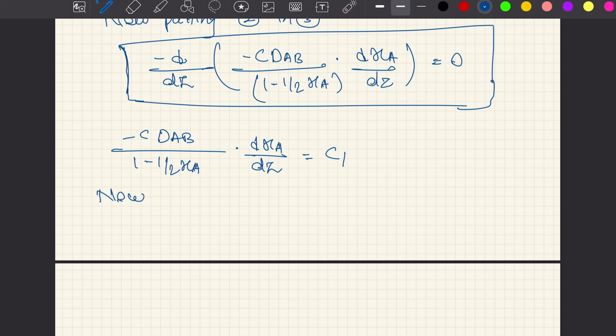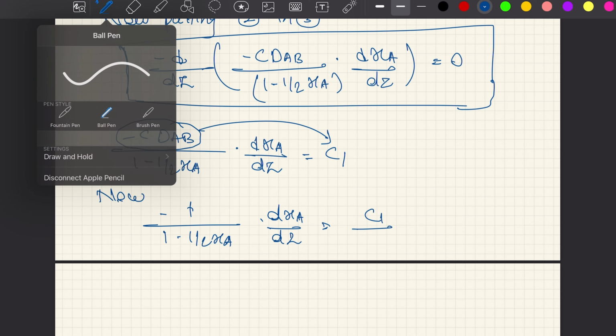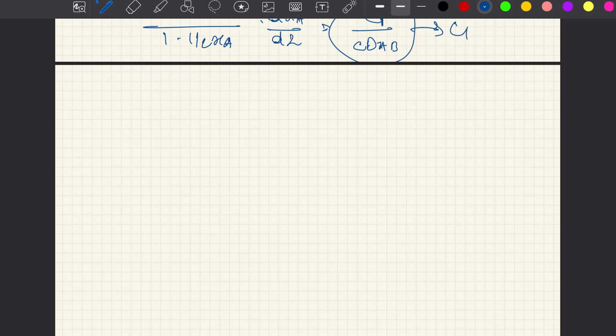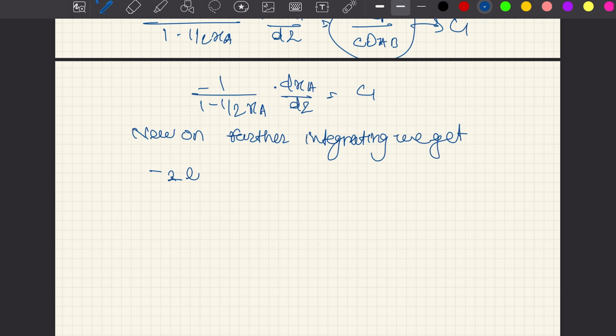Now taking the C D_AB on division, and considering it as a new constant C1, we get 1 upon (1 minus half x) dx by dz equals to C1. Now on further integrating, we get minus of 2 ln (1 minus half of x) is equal to C1 z plus C2.